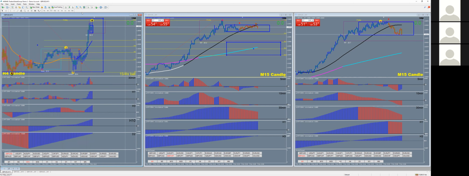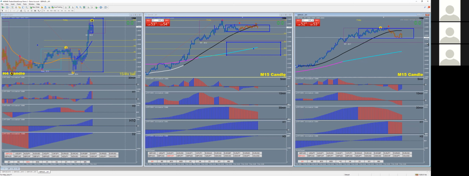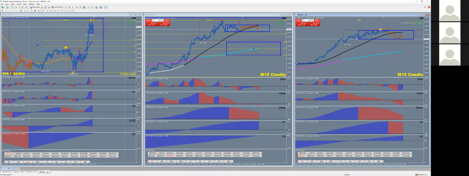Okay, pound Aussie. Pound Aussie giving another try to break it. Yeah, we have a new hour coming in, so it could blow through it and keep going.